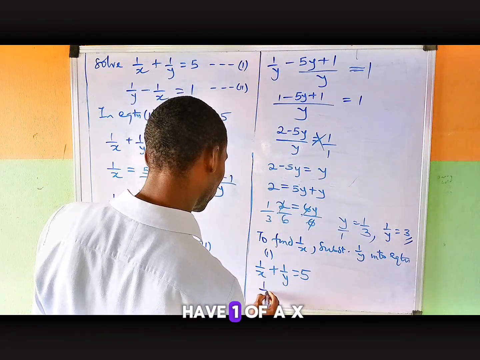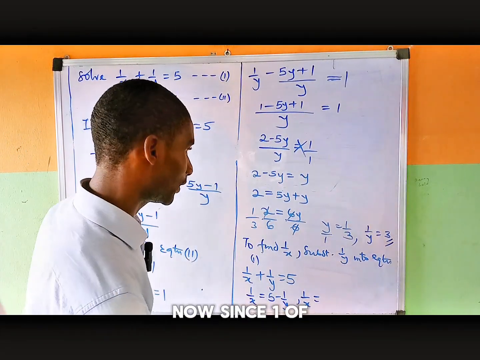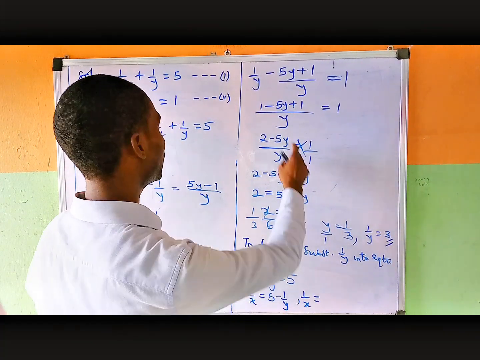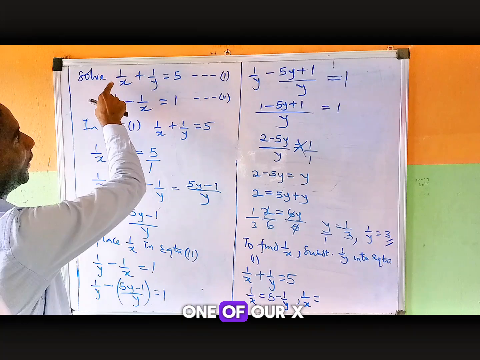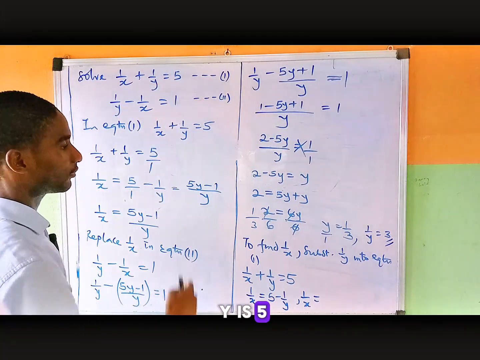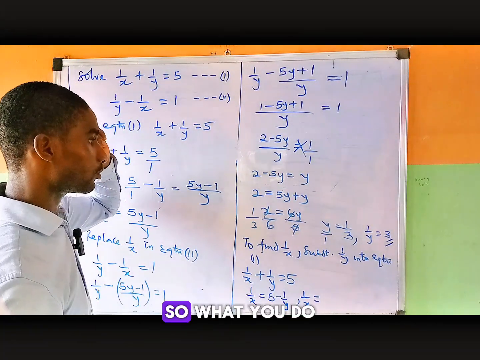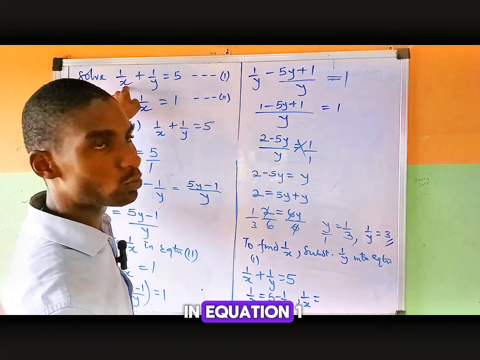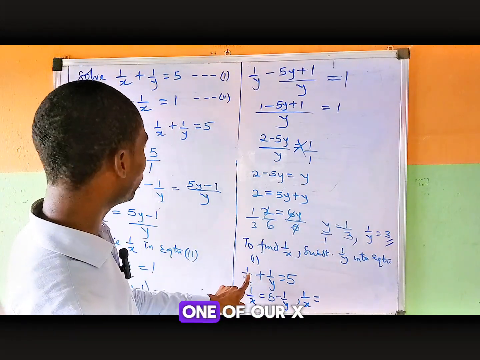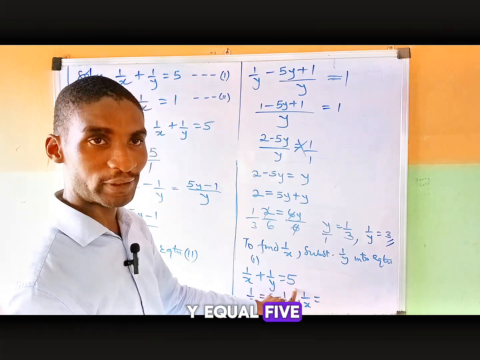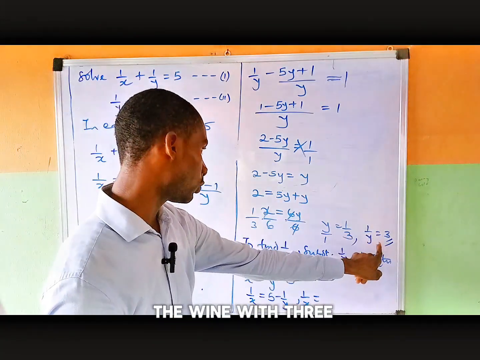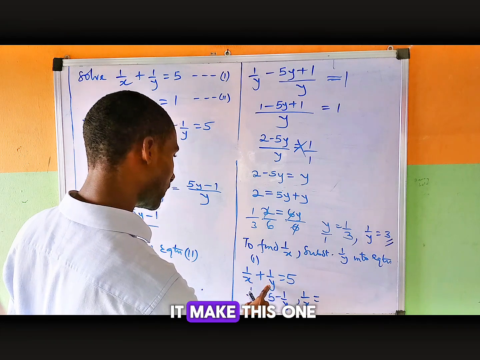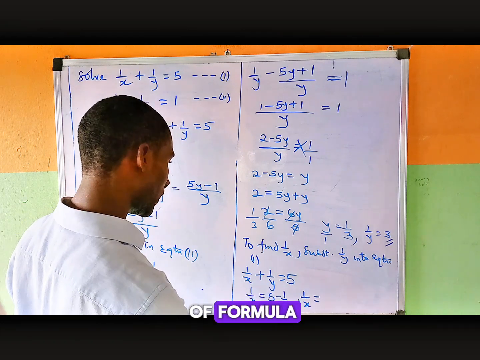So you have 1 over x. Now, since 1 over y is equal to 3, and equation 1 says 1 over x plus 1 over y is 5, let's try to find x. So what you do is replace 1 over y with 3 in equation 1. Before you replace it, make 1 over x the subject of formula.